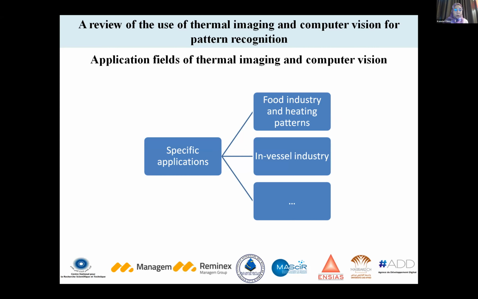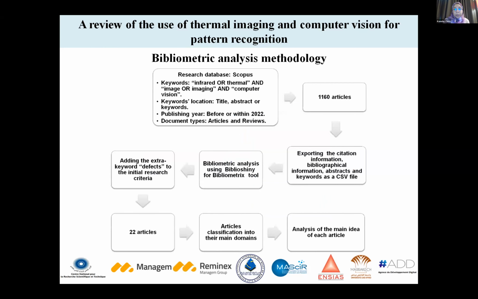In the following part, we will present the methodology adopted to establish a bibliometric analysis, which will allow extracting the most relevant information from the articles. So it's a kind of quantitative analysis, which is independent from the application field of the article, but it shows the global tendency of the topic we are working on.